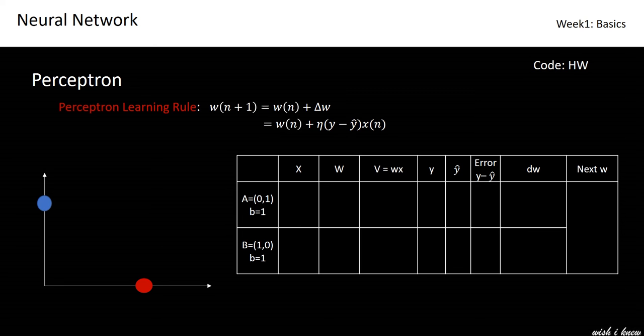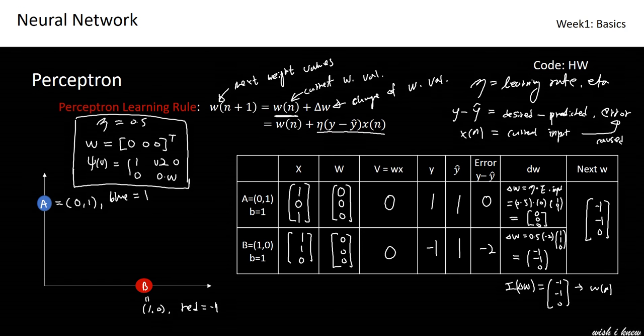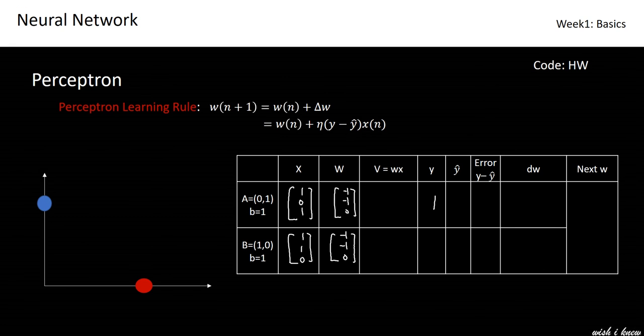So our input is not changed, so 1, 0, 1, and 1, 1, 0, and our weight vector will be this time -1, -1, 0, because we have updated it. And y was, let me see, a was 1, b was -1. So let me then calculate this.